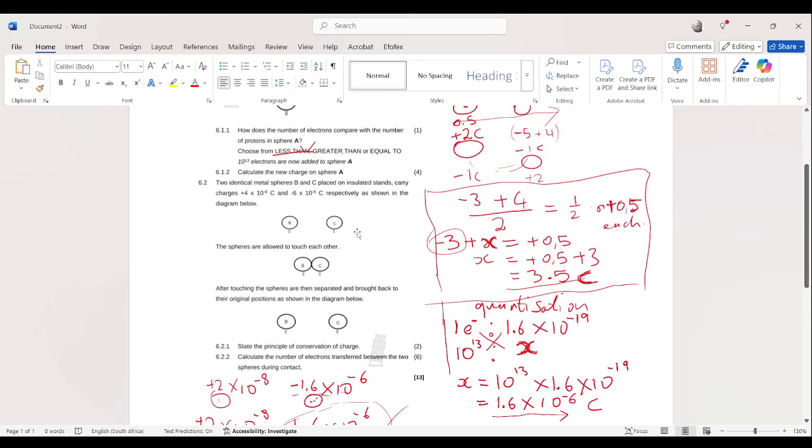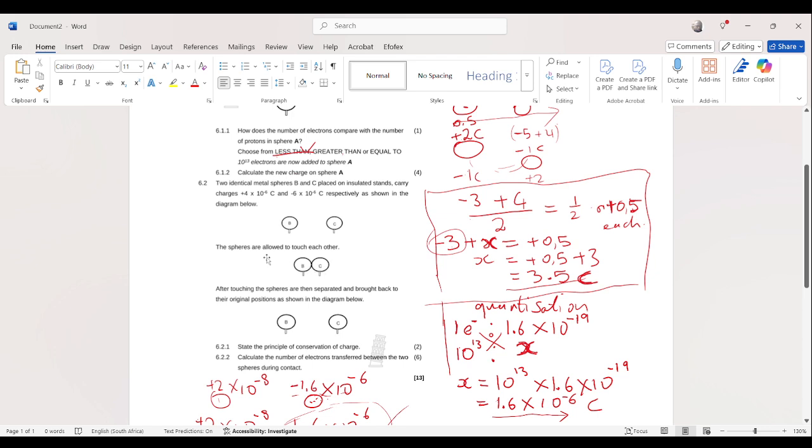Okay, let's see what the other question says. Two spherical metal spheres B and C placed on an isolated stand carry charges of plus 4 times 10 to the power of minus 6 and minus 6 times 10 to the power of minus 6 respectively, as shown in the diagram below. The spheres are allowed to touch.